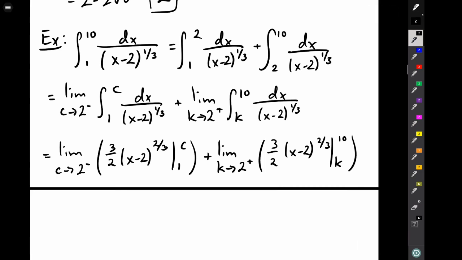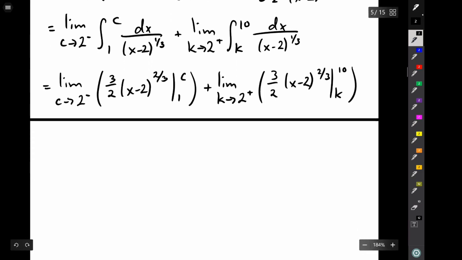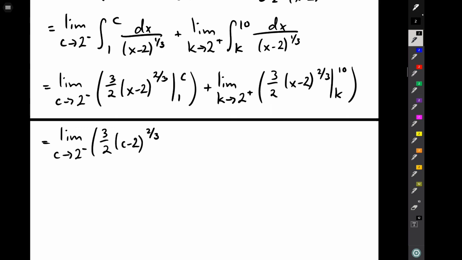All right, so let's plug in our bounds so we can take our limits. We have 3 halves (c minus 2) to the 2/3. When we plug in 1 here, we get 1 to the 2/3, and that's just 1. So this is minus 3 halves.